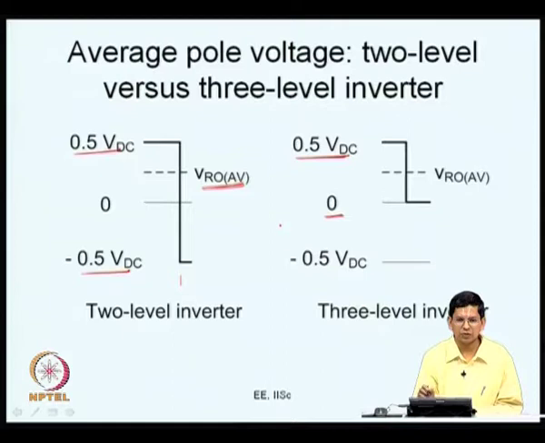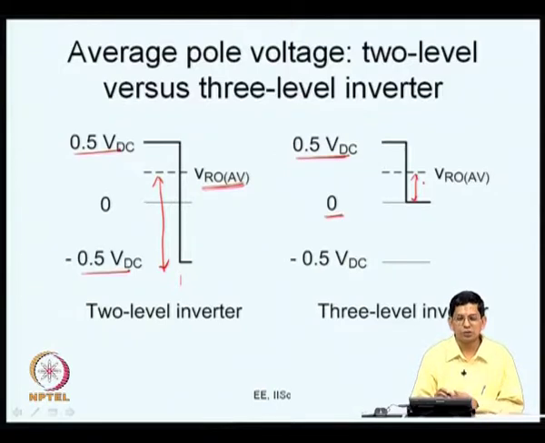So, the difference, as we pointed out earlier, is that in a 3-level inverter you are able to realize a certain average voltage by applying instantaneous voltages which are closer to the average voltage desired. So, the worst case error between the actual applied voltage and the average voltage is pretty high here, whereas it is low here. That is the difference that you are getting here.